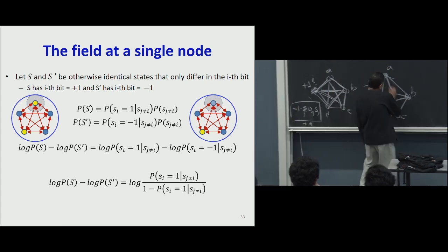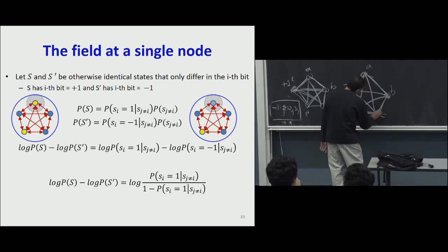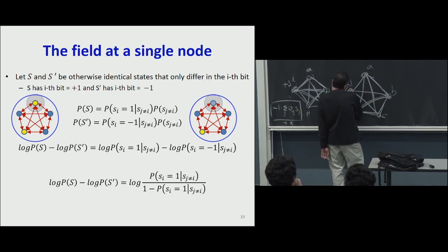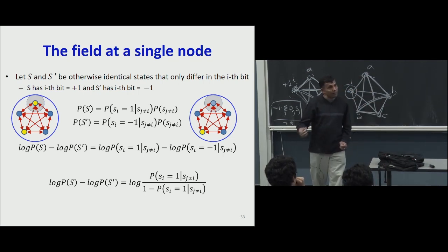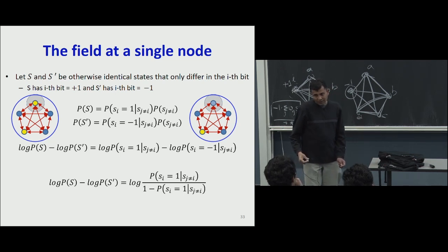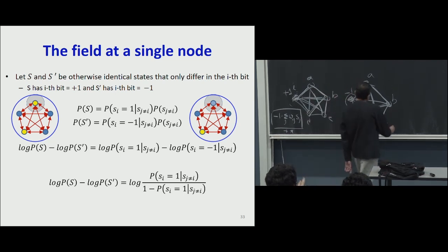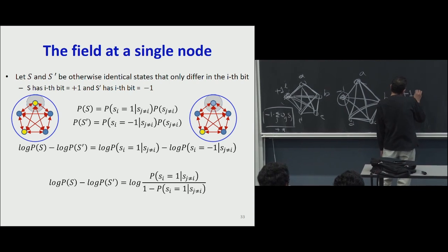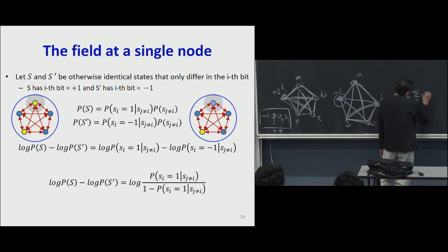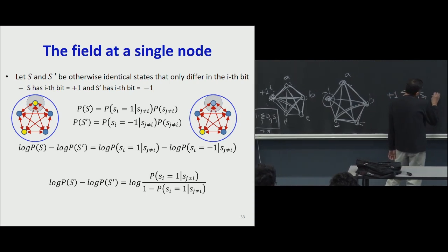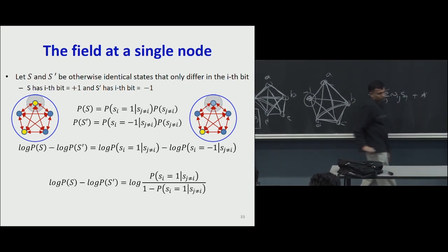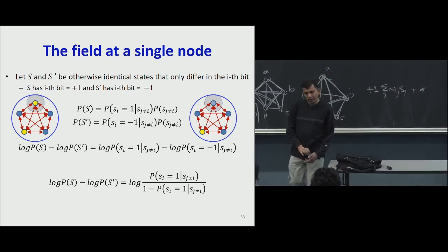The contributions of all of the terms that don't involve this particular node are going to be the same for both of them, right? So the energy for this one is going to be plus 1 times the summation over j of w_ij s_j, plus whatever.